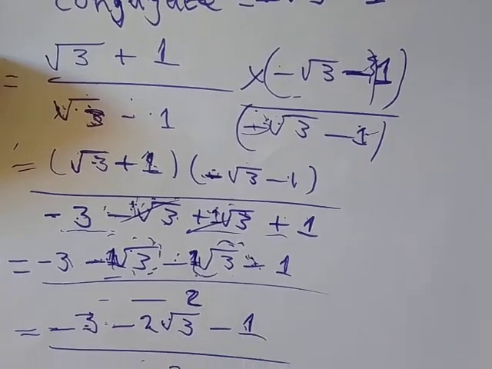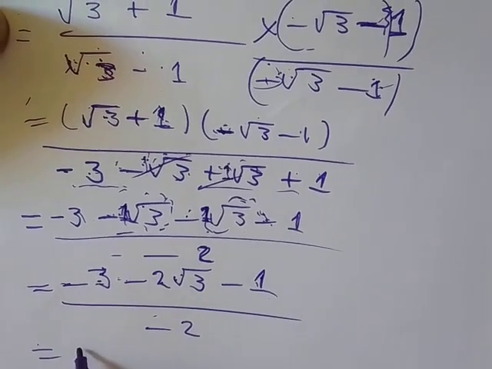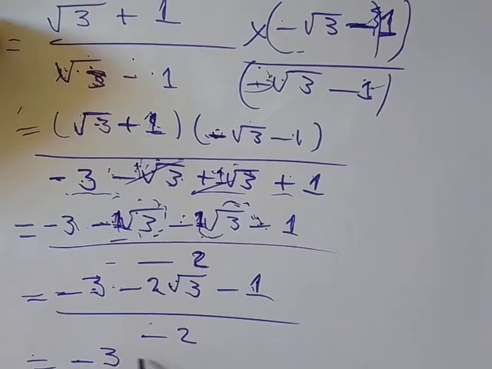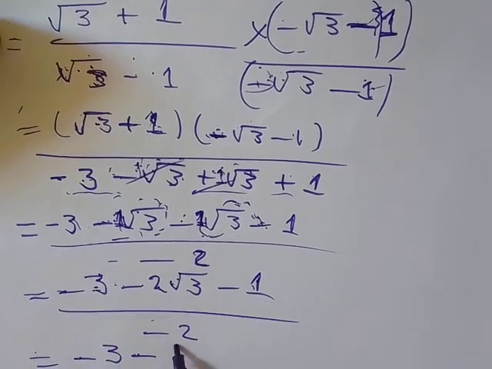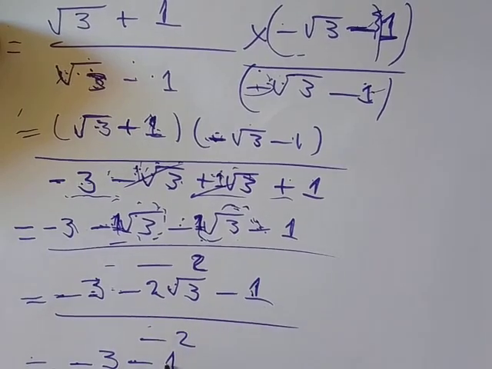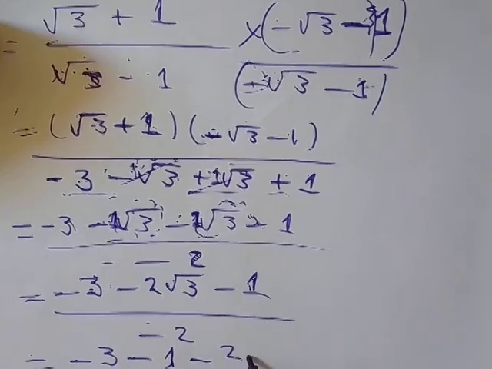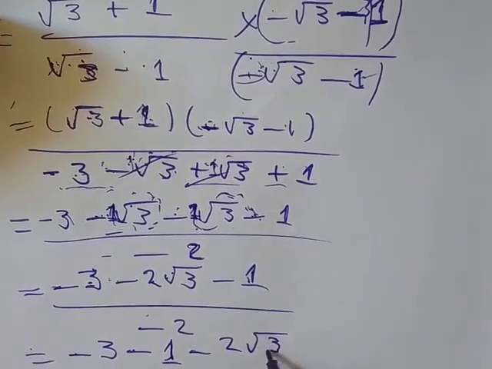Okay, so these are not like terms, we can't do anything to them, but this and this are like terms. So if you want, you can first begin by arranging the like terms. So meaning that you're going to have negative 3 minus 1. These don't have any radicals, they have something in common, and then these are different, so we're going to put them alone here.